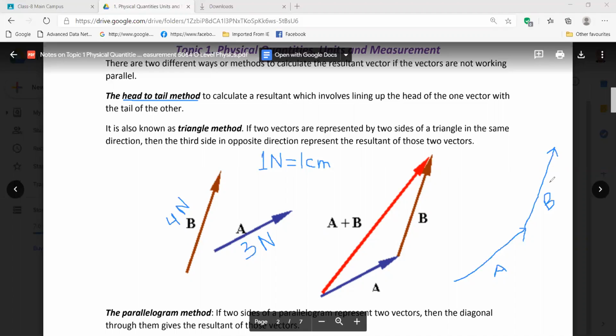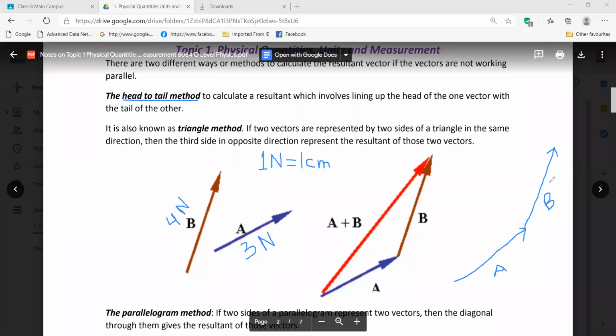Sir, we need to make it like a right angle triangle, right? Not necessarily. Listen, we are having the angle available there, not any right angle or any other angle.